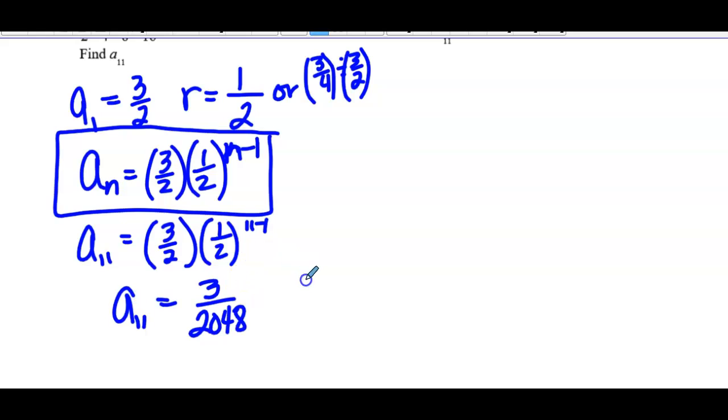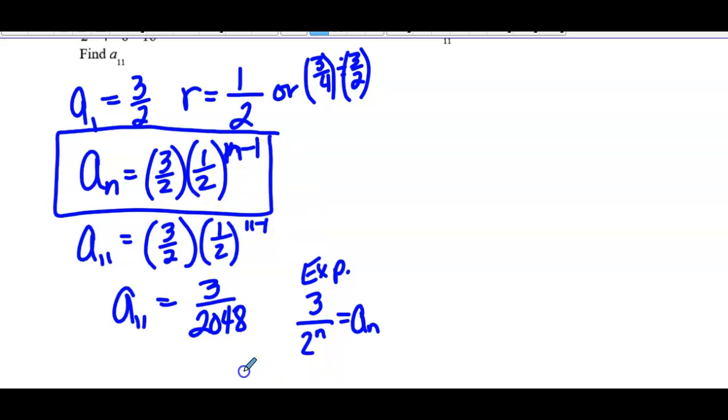Now, another explicit form of this would actually be 3 over 2 to the, let's see, 2 times 2 to the n minus 1 would be 2 to the n, I think. So I'm just trying to simplify this and show you that explicit doesn't always give you an n minus 1 in it.